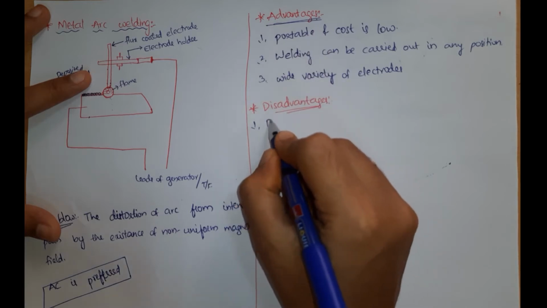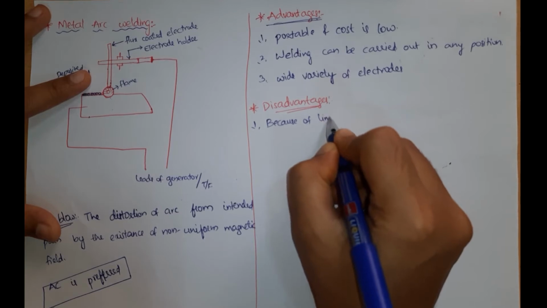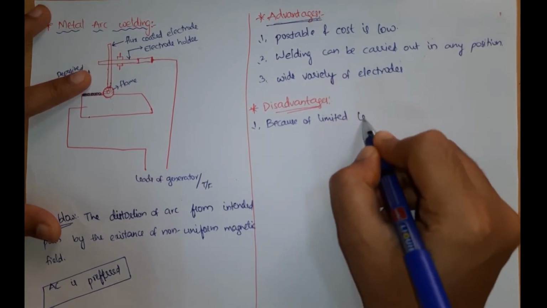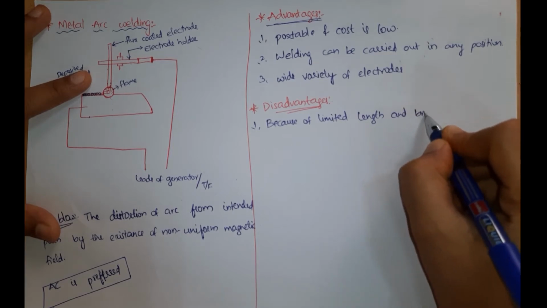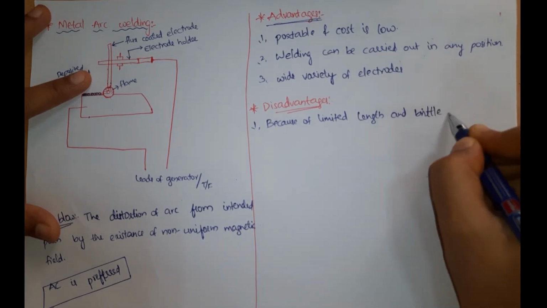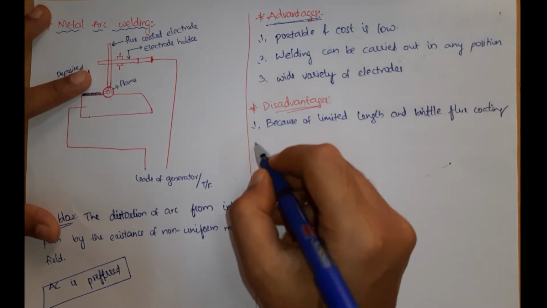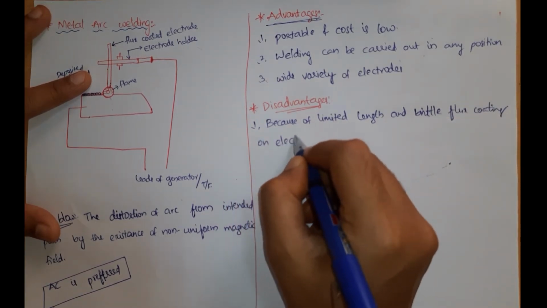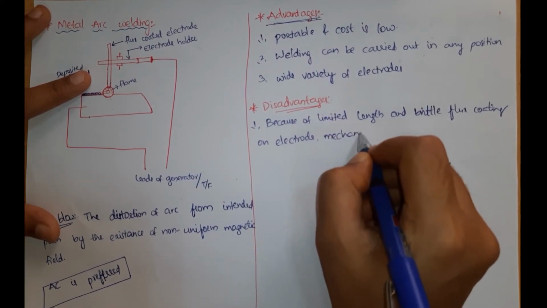So because of the limited length and the brittle flux coating on the electrode, mechanization is difficult.